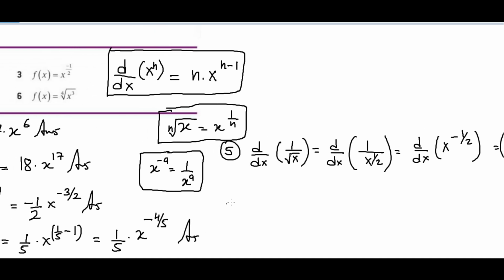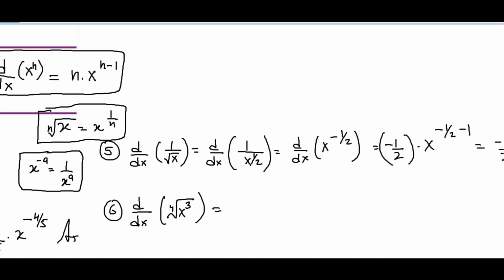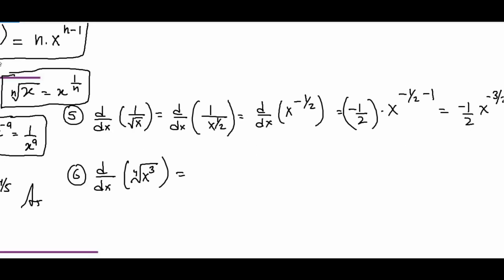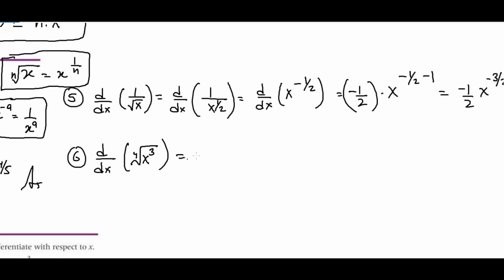Sixth question is dy by dx of the fourth root of x to the power 3. Now you need to convert it by applying this nth root formula, so x to the power 3 by 4. The power 3 has a denominator of 4. Why? Because it was a fourth root. Now this 3 by 4 is the complete n.